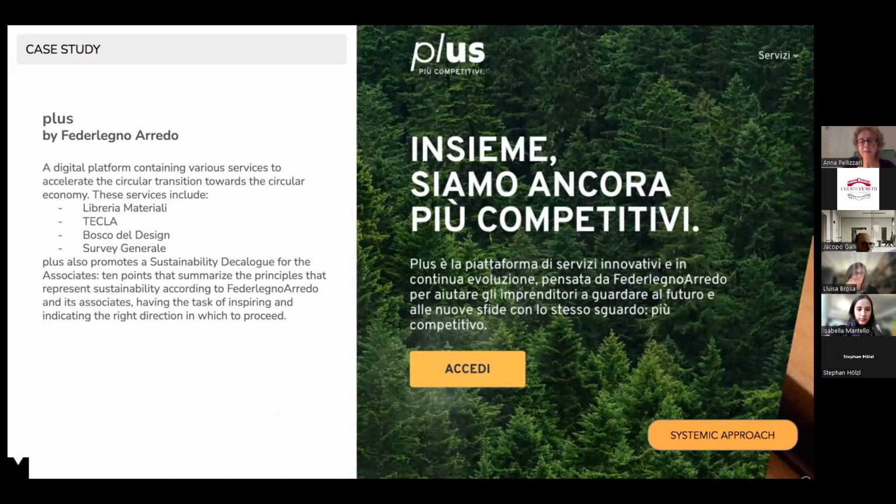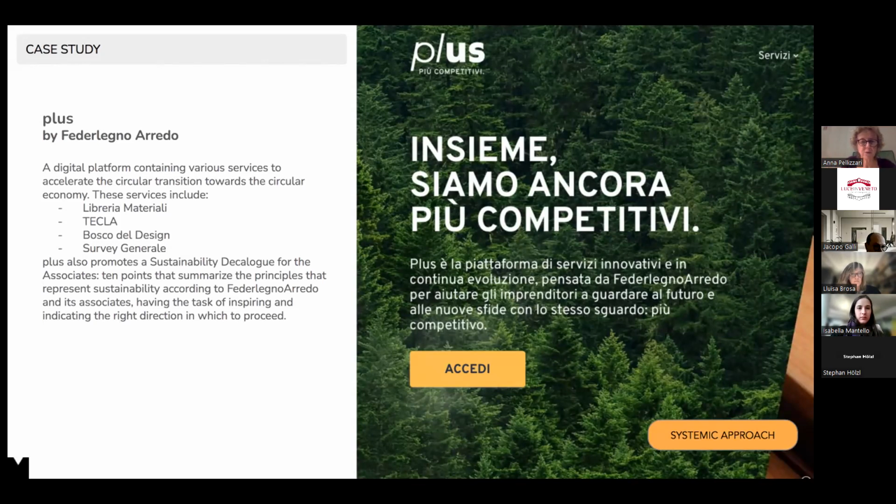Project Plus by Federlegno Arredo is a systemic project to help the shift towards a less impacting industry in the Italian furniture industry, launched by the Italian Furniture Association. It includes several services, among them the material library.